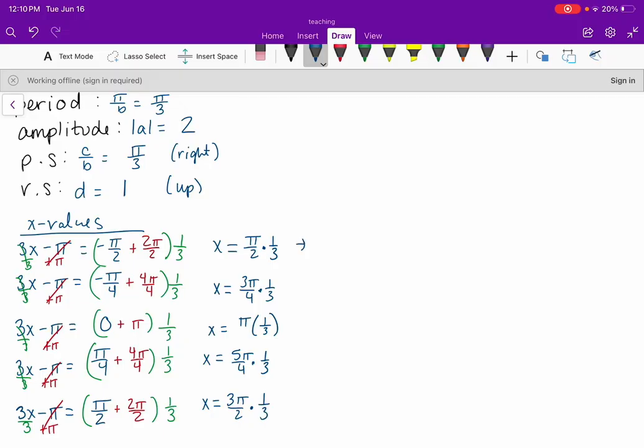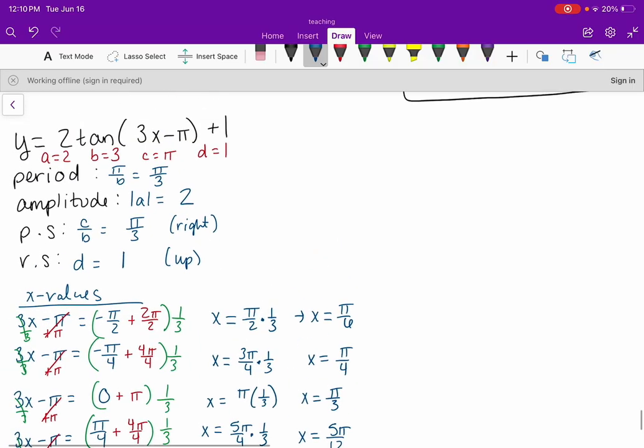If I simplify here, I get x equals pi over 6, x equals pi over 4, x equals pi over 3, x equals 5 pi over 12, and x equals pi over 2.